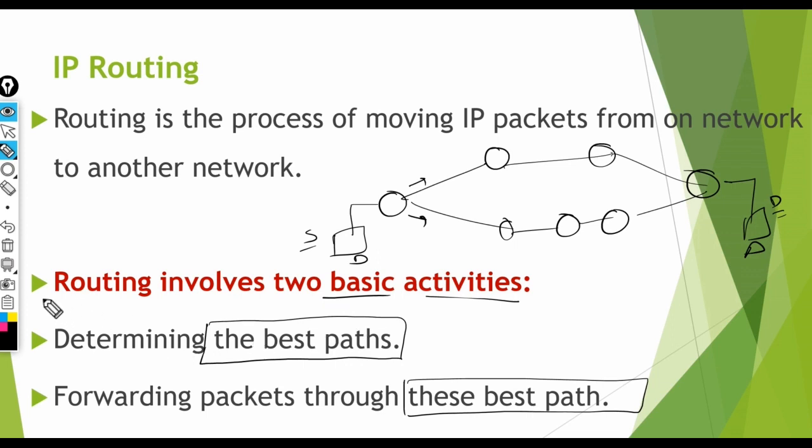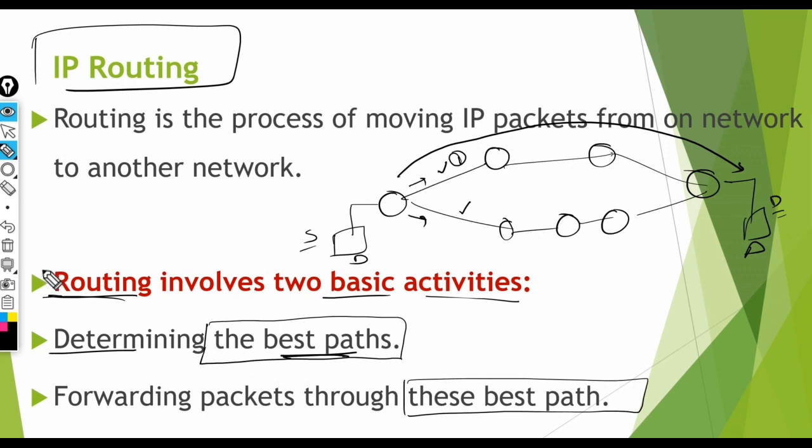That's what it is saying. Routing involves two things, the first being determining the best path. Which one is the best path? Routing will find out which is the best path. Let's say this is the best path. Then let's forward the data via this path only. That's what routing involves.